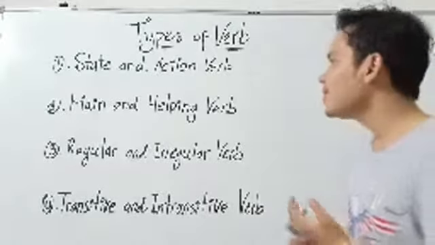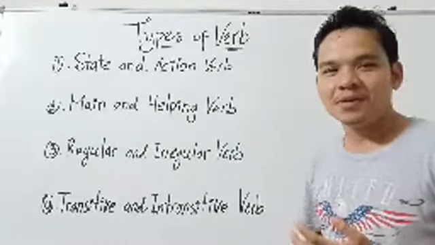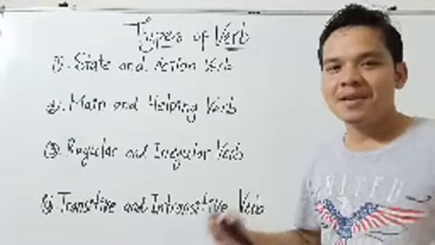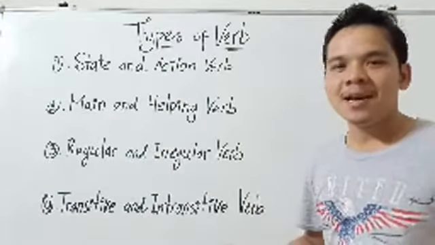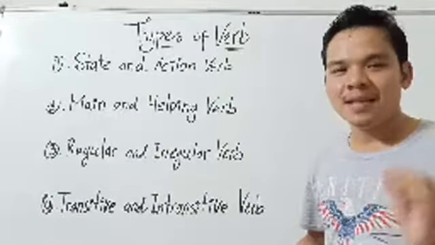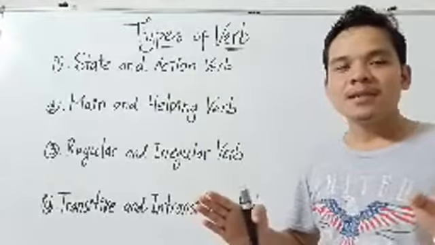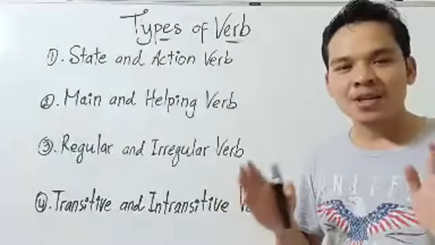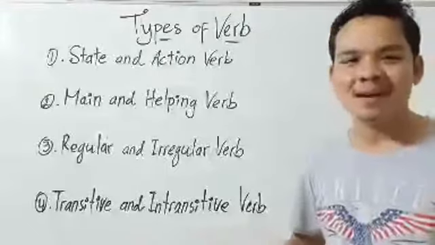Just review some part that you learned about subject last week. You know the meaning of subject: it is the word that shows the doer of the sentence, or we can say agent or doer. So verb is the word that shows the action in the whole sentence that the subject does.